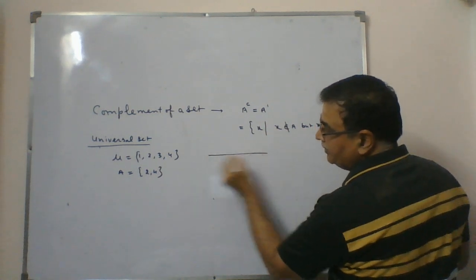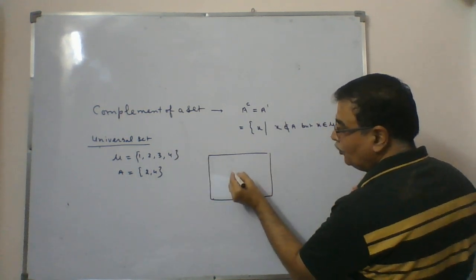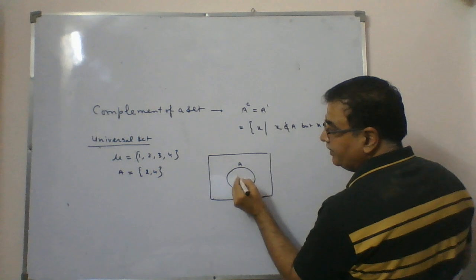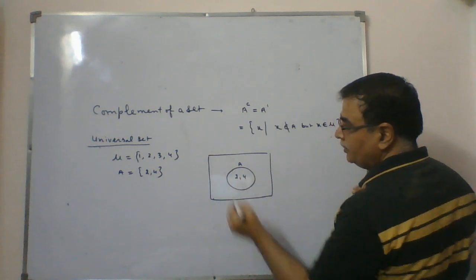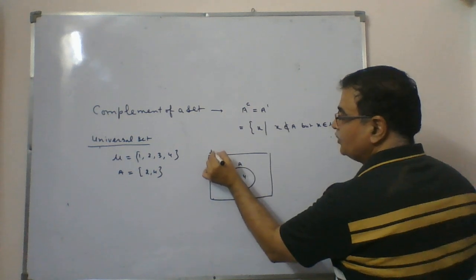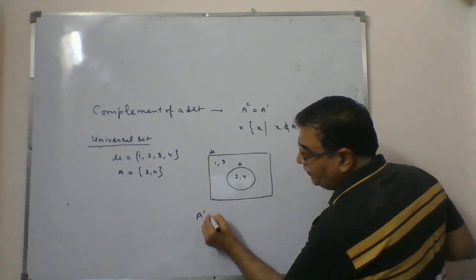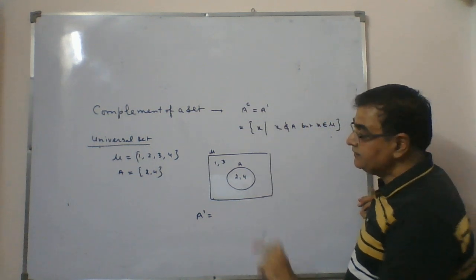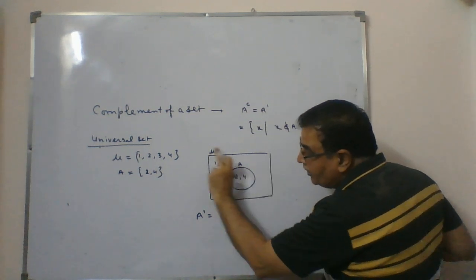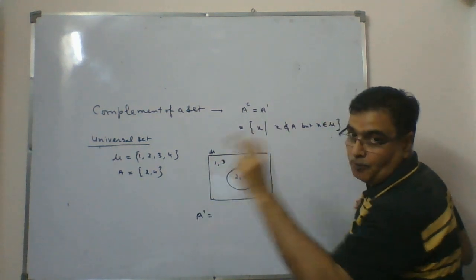For example, if I take this universal set, it has 1, 2, 3, 4. Set A is 2, 4, so 1 and 3 will come here. This is our universal set, this is set A. If I say A complement, it means except A, whatever is left in the universal set will be called the complement of the set.